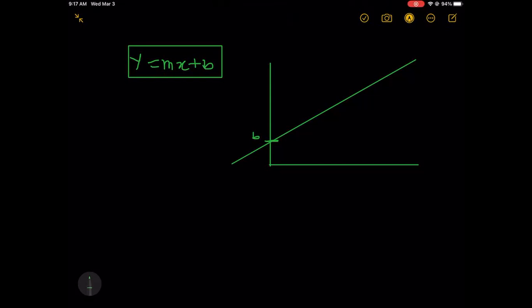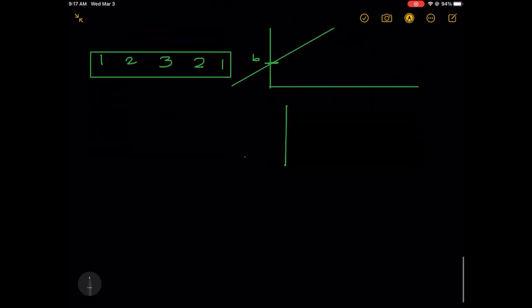So that means there is a discrepancy. So you can see it can't be a linear equation. It will look like this, right? It won't be a linear equation.